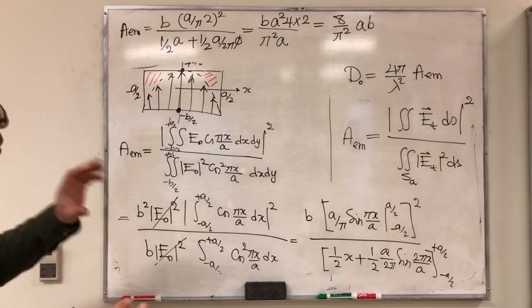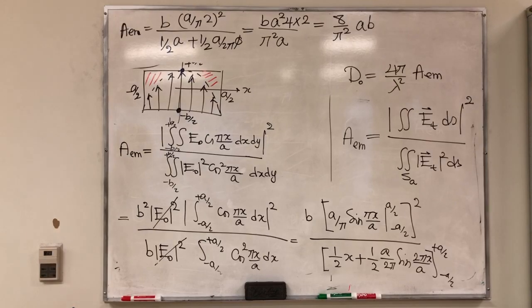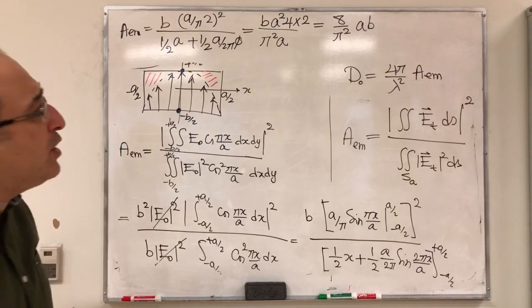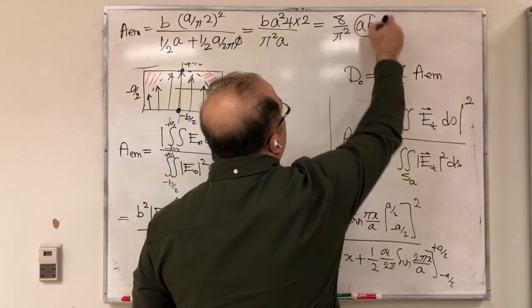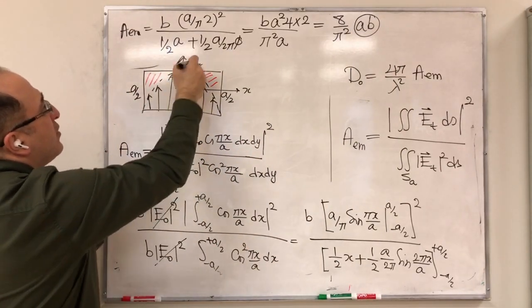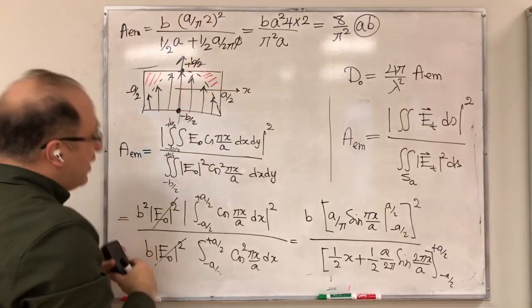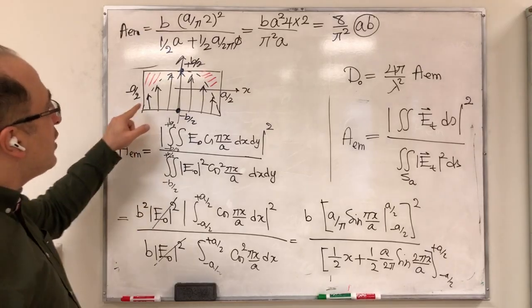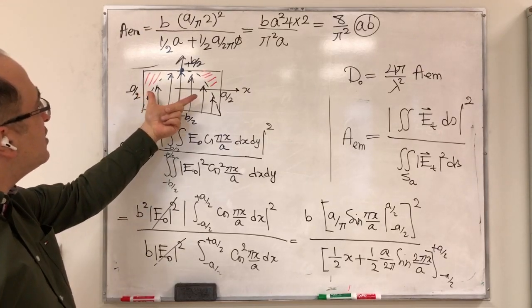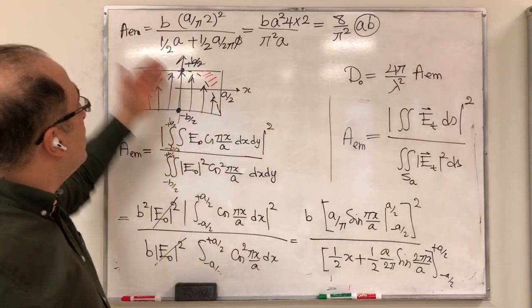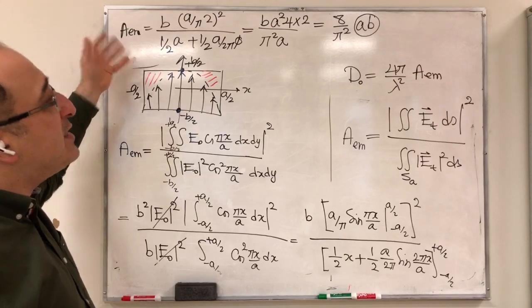Now, let's just look at this final result for a second and see what the meaning of this is conceptually. When you look at effective aperture, first you're going to realize that you have A times B. If you look at this rectangular aperture that I had here, if I ask you what's the geometrical area of this aperture, you're going to immediately say, okay, this is a rectangle with one side A, the other side B. So the area is A times B. So this is supposed to also be area, but this is effective area.